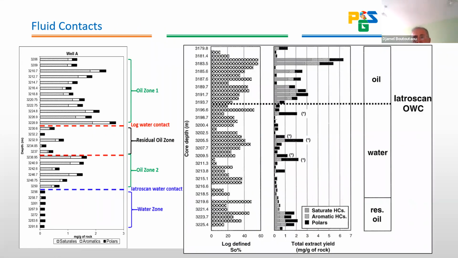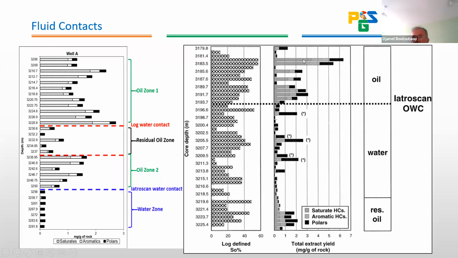In terms of fluid contacts, you can take reservoir cuttings or core samples and extract the residual oil. You quantify the residual oil per sample, and you calculate the different percentages of hydrocarbons and non-hydrocarbons like asphaltenes.